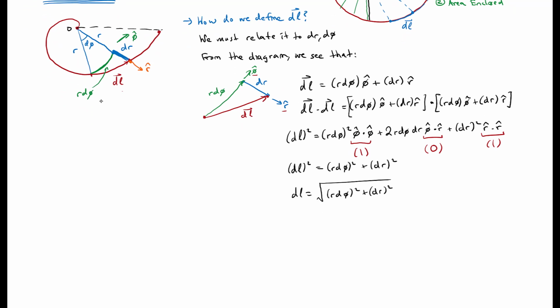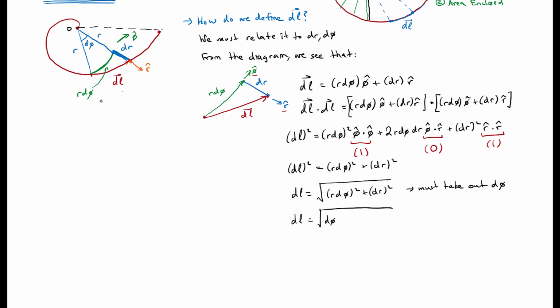Well, one of the things we do care about is trying to find the circumference. And in order to find the circumference, we're going to have to integrate with respect to phi. So I need to be able to take d phi out of this square root function. So why don't we try and do that? We must take out d phi so that we can integrate with respect to it.